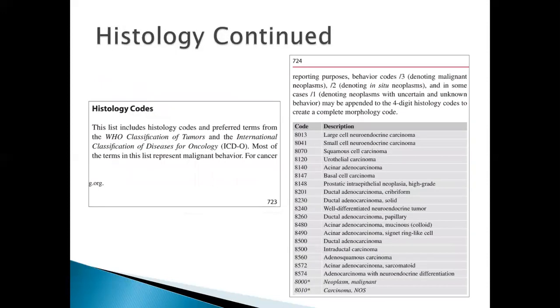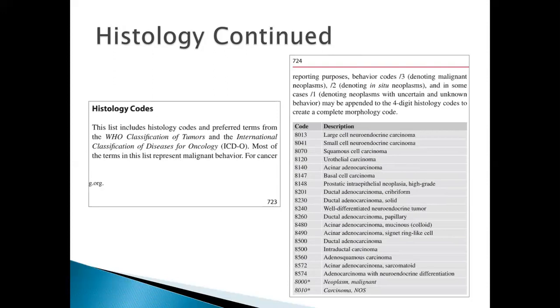Now, this is a couple of snippets from the first 2 pages of the chapter, where it lists the histology codes, okay? It says the histology codes are from the ICD-O, and then it goes to the next page and explains the behaviors and all that. And then these are all the histologies that we would use for the prostate chapter, okay?